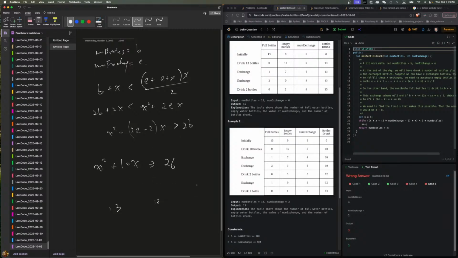Here, 2 rounds, 6, 7. Give you 13. And now on the other side is 15. So 15 is larger than that. So we can do another round.